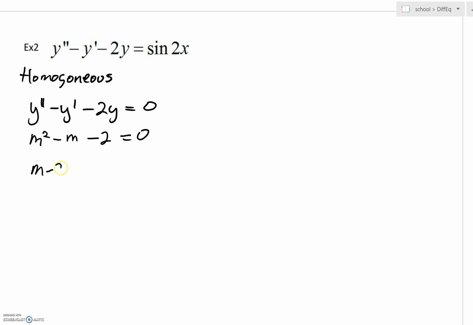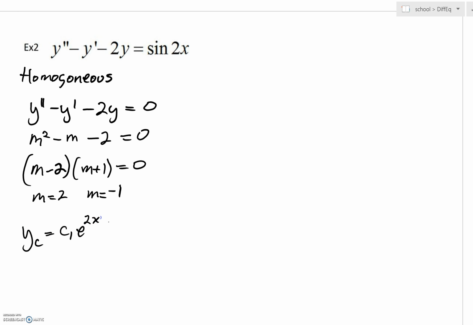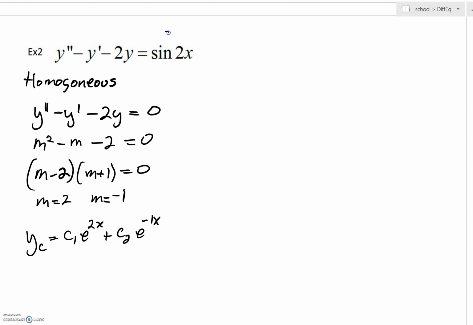And once again, as we factor this, you can see we'd have m minus 2, m plus 1, and it doesn't take long to get m equals 2, m equals negative 1, and to say, for our homogeneous solution, we'd come up with this. And we're pretty much halfway there. Okay, we doing okay?